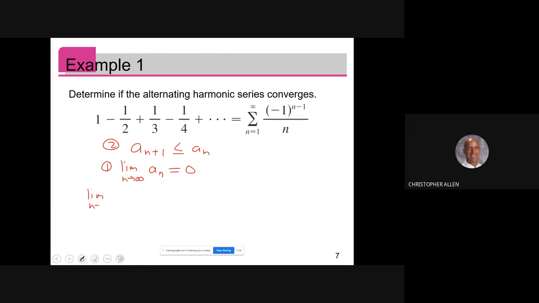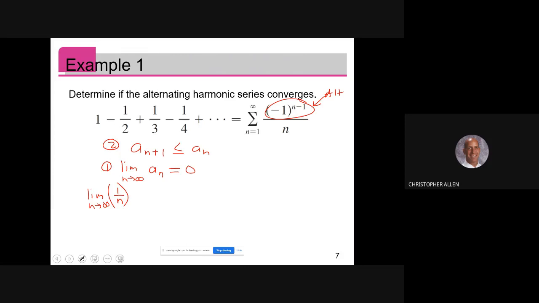We need to do the limit as n goes to infinity, and in this case, remember we're talking about the alternating harmonic series. This is the alternator, the (-1) to the n minus 1 up there in the top. The only thing that's doing is making it positive or negative, positive or negative.